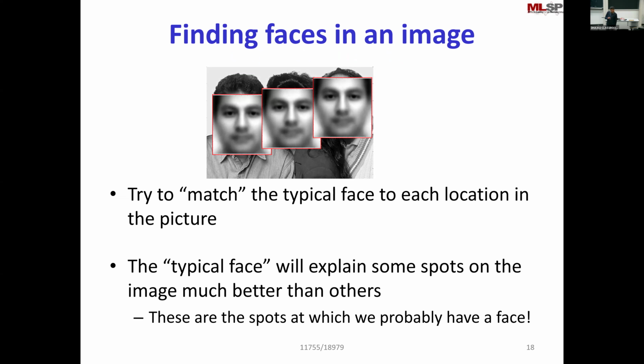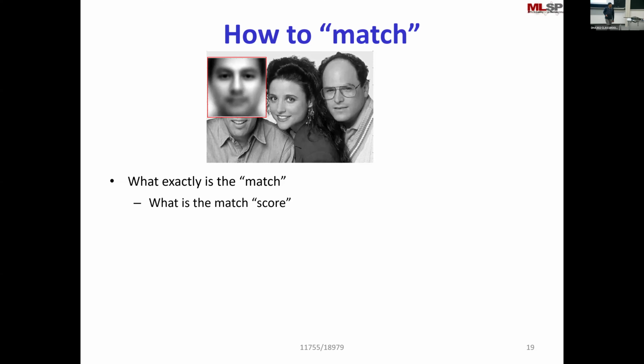When I do this, I'm scanning with my typical face. So what is the purpose of the scan? At each location, I place the typical face on top of a corresponding region of the image, and I find a match between my typical face and the region of the image beneath it. So how would I compute this match? An inner product, right?